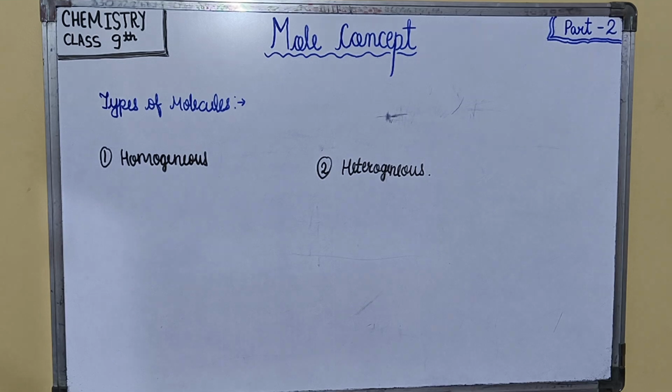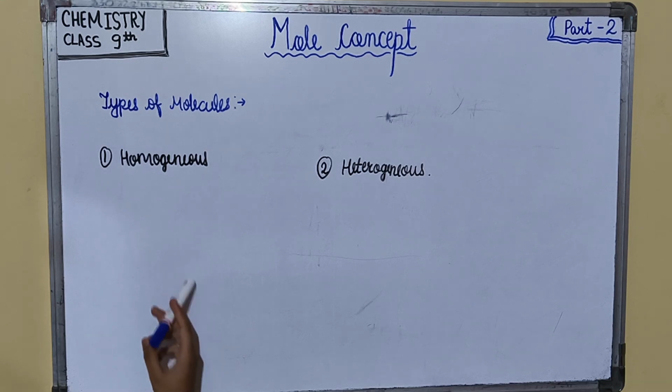We all are familiar with these names. Molecules that are formed by the combination of atoms of the same element are called homogeneous molecules, whereas molecules that are formed by the combination of atoms of different elements are called heterogeneous molecules.